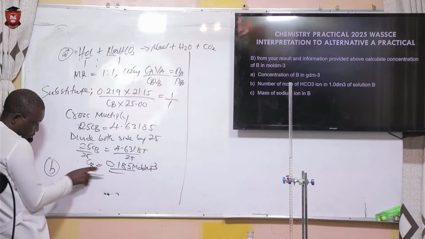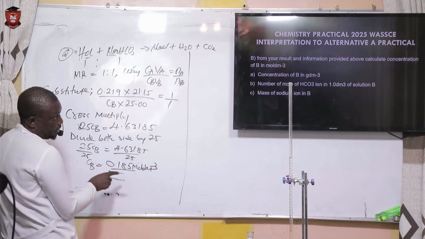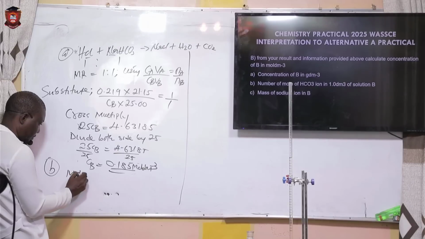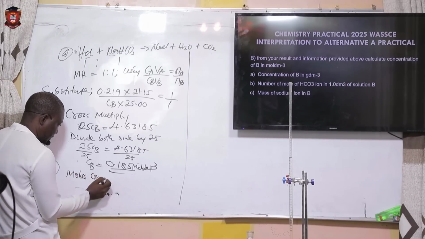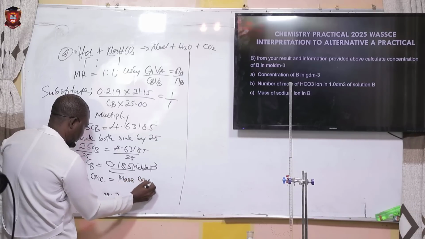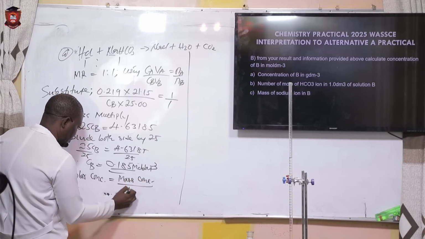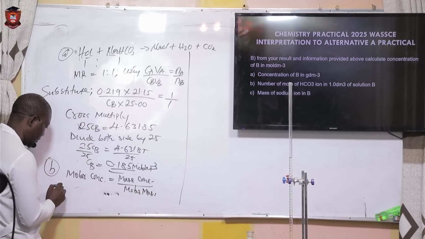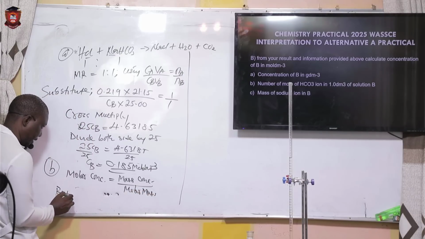Then B, now you know your molar concentration, so you can now find your mass concentration, but use this formula. So you use molar concentration, look at it here, is equals to mass concentration you are looking for over what? Molar mass. But show this working to earn your 1 mark.